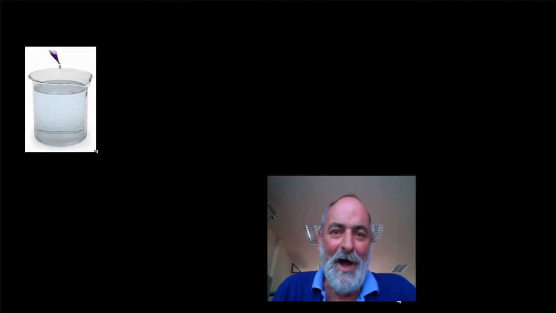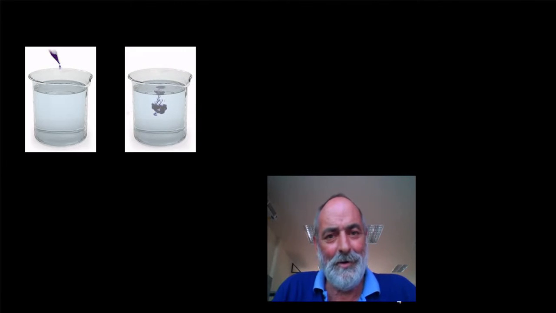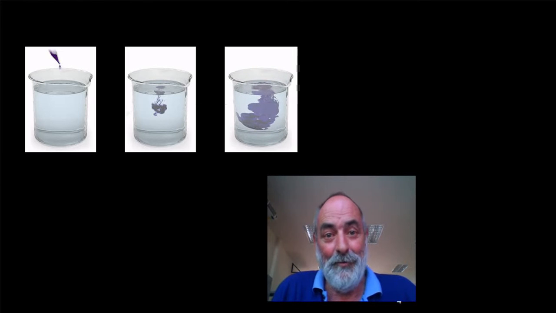Here, someone is putting a drop of ink or dye into a glass of water. After a while, the dye begins to sink and slowly spread out. After more time, the ink is really beginning to spread throughout the water.